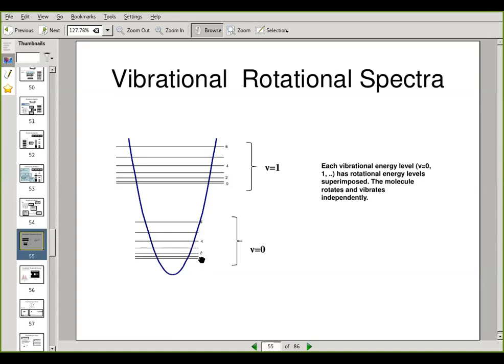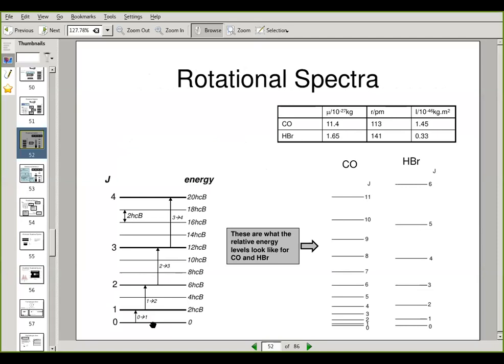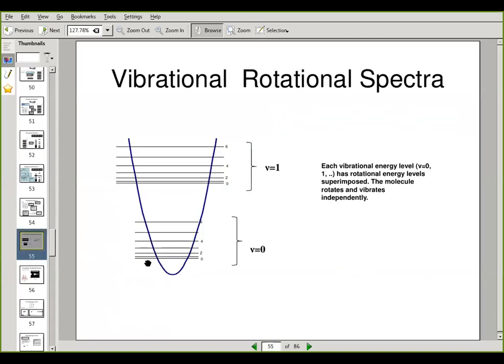So the difference between these levels is always 2 HCB, but it's going up 0 to 4, 10, and so on. So don't forget these energy levels over here. Don't forget that 0 to 6, 12, and 20. Don't forget those differences that are there.